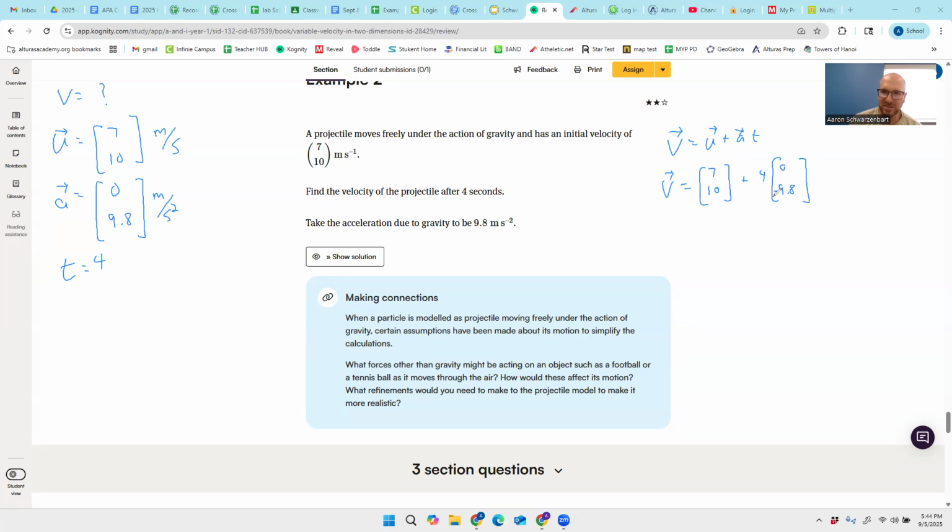The 9.8 actually should be a negative. The acceleration is downward. The velocity in the x is only the 7. And if I do 10 plus 4 times negative 9.8, I get negative 29.2. This is the velocity in vector form. And there is our answer.